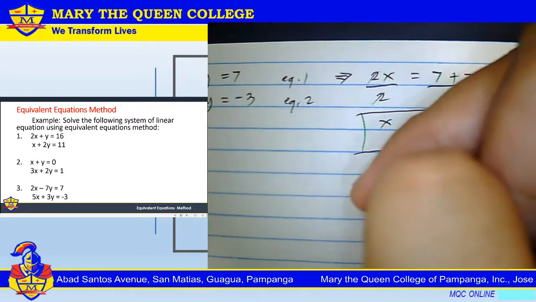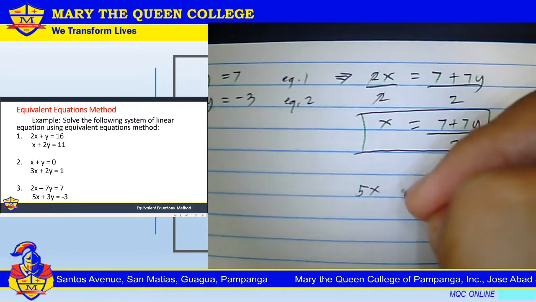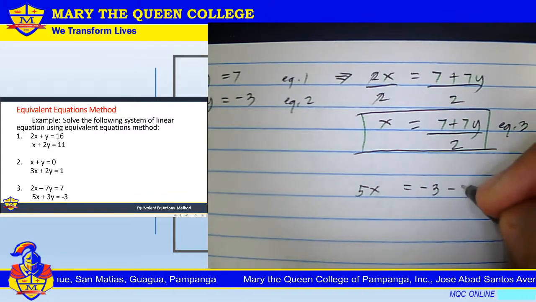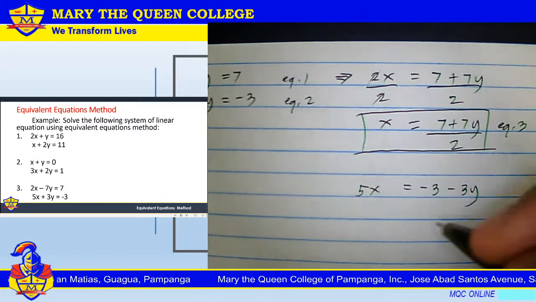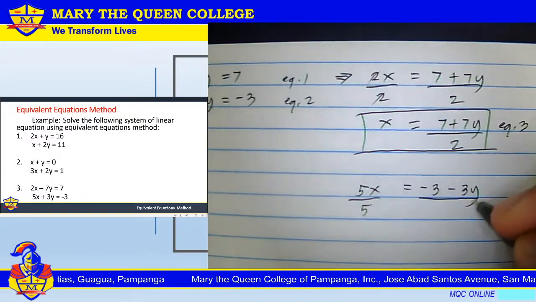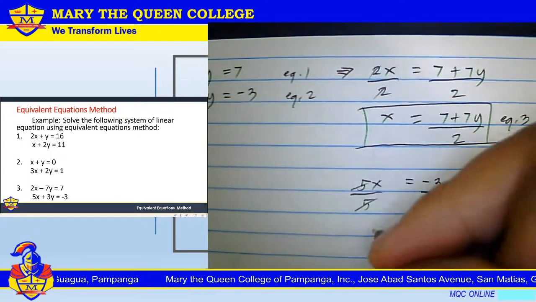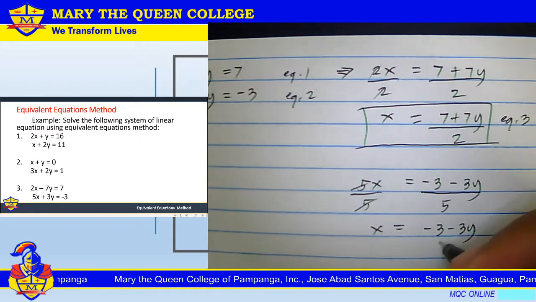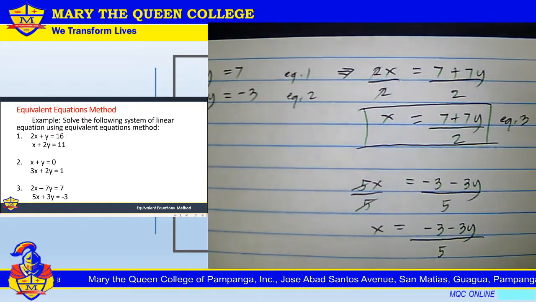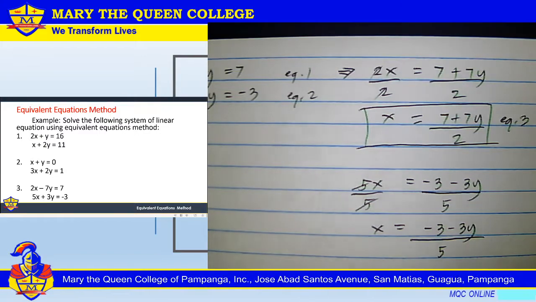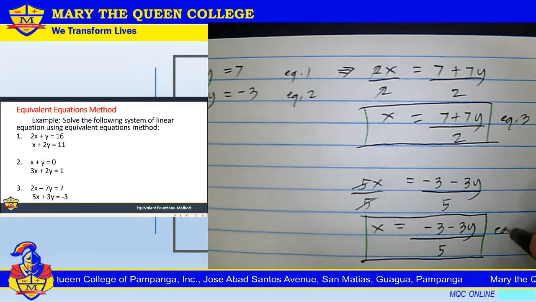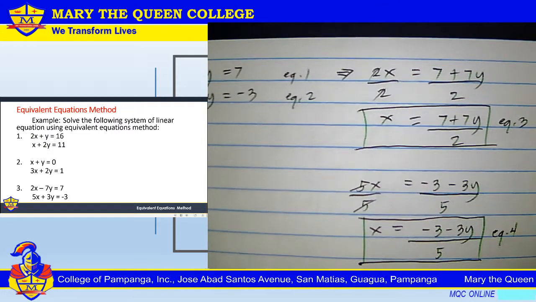Then, for the next, we have 5x is equal to negative 3 minus 3y. Divide 5 here, divided by 5 here, para makancel yon. X is equal to negative 3 minus 3y all over 5. So, pwede rin po negative 3y minus 3. Okay lang po yun. Okay?